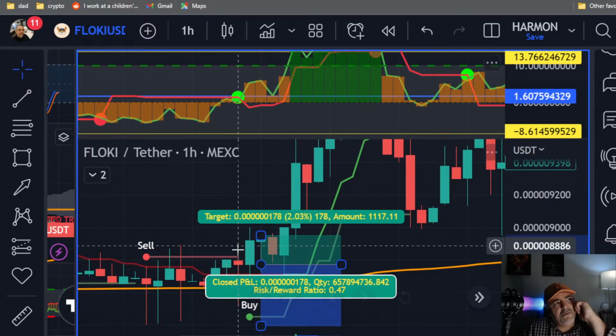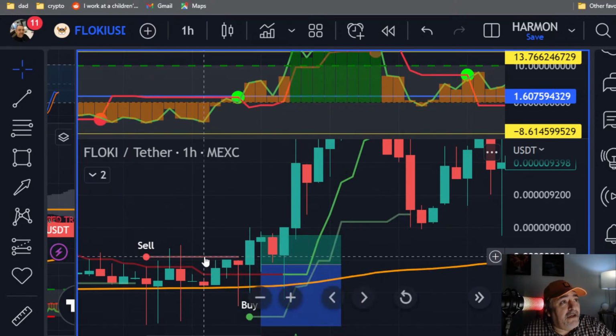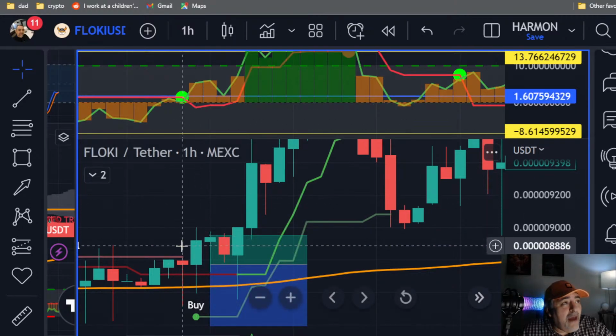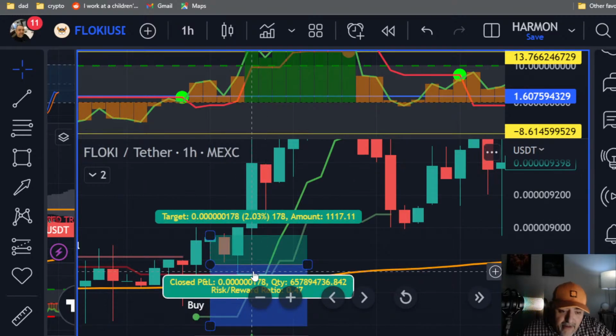Still holding true. Green moon, buy signal, 2%. So half of that will be 1. We still get a winner right there. We're good to go. Now, what happens when we get a green moon, a buy, and then a trend, right? Let's go look. A green moon, where is it at? Green moon.